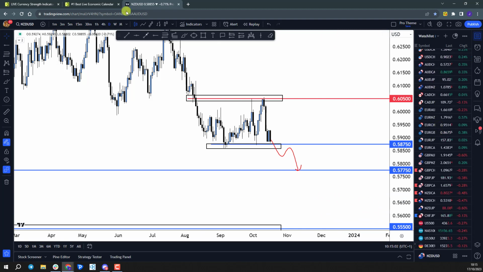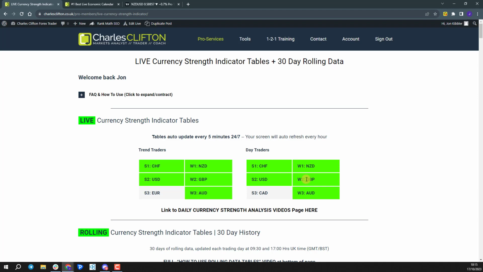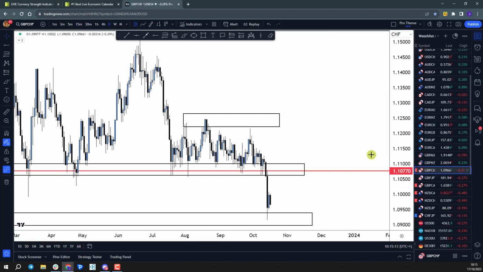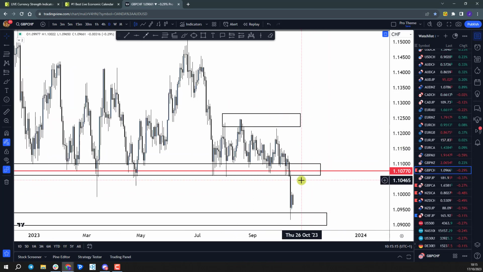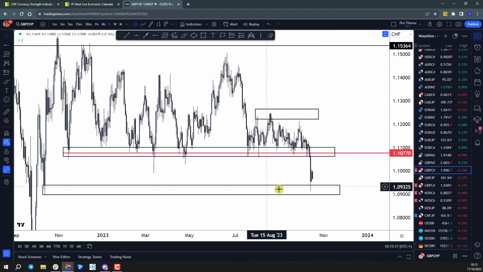Going on to the pound then. So pound, very interesting market. Obviously, we've already discussed pound US dollar, but you can see pound Swiss, a potential market to look out for as well. I think we did discuss pound Swiss yesterday, and it is in an interesting position because it came back down into this support zone and rebounded.